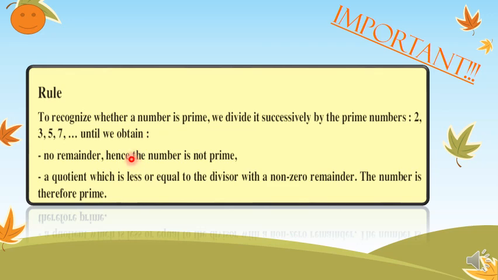If no remainder, then it is a composite number, just like the first example. And if there is a remainder, I continue. When the quotient is less than or equal to the divisor, I stop and I say this is a prime number.